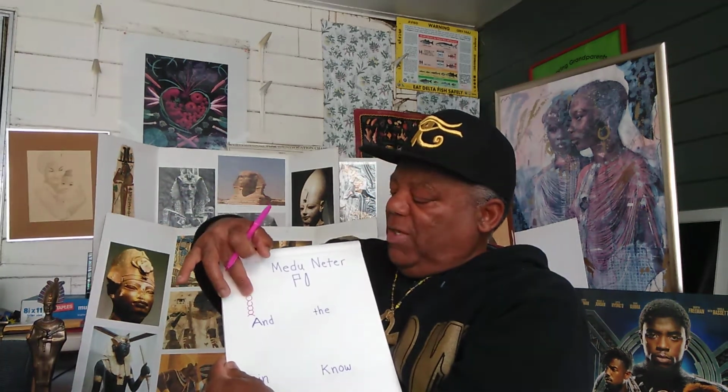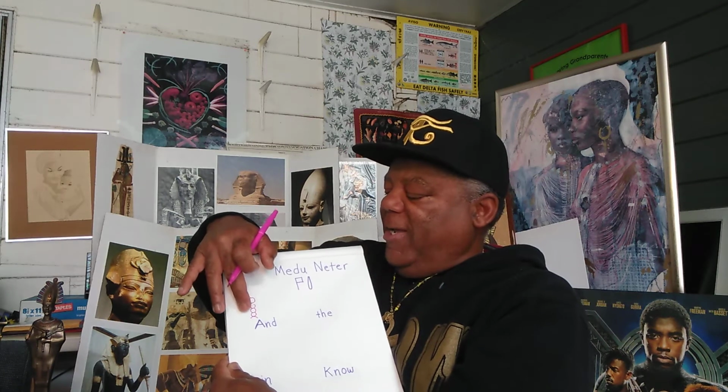In Medu Neter, ancient Egyptian language, the and is pronounced henna, henna. So we would start with an H. Here's our H. It's either a twine or rope or a hemp ladder.